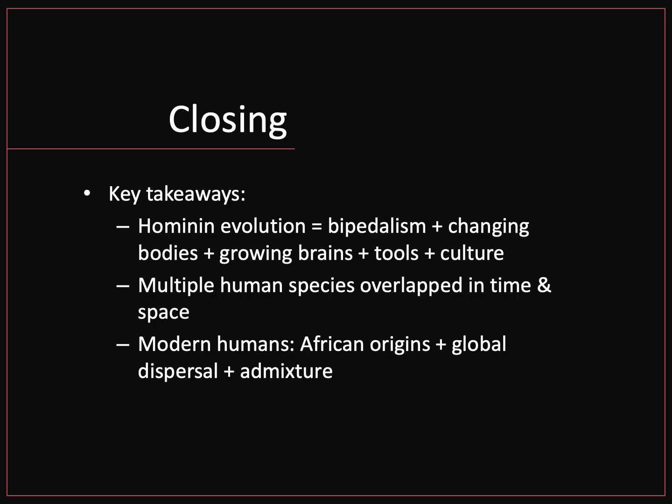Teeth, jaws, and diets also shift, with some lineages specializing in heavy chewing, like Paranthropus, and others becoming more flexible. Brains expand gradually, particularly in the genus Homo, and this expansion is tightly linked to changes in tool use as well as in diet and social learning.